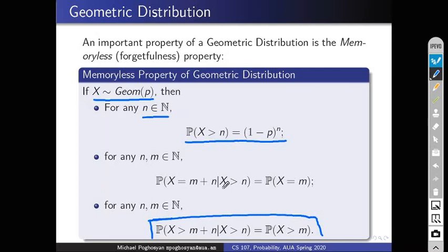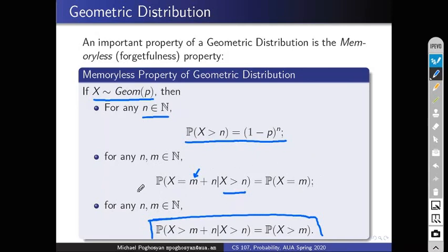So if we know that we have made more than n trials until the first success, and we are calculating the probability that we will do another m trials, this is the same as the probability of having the first success in the mth trial. Okay, and I will give again this interpretation of memoryless property soon.